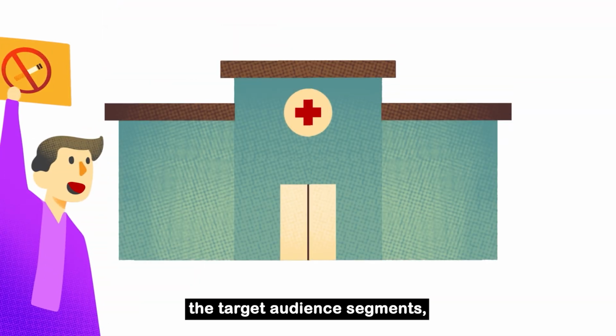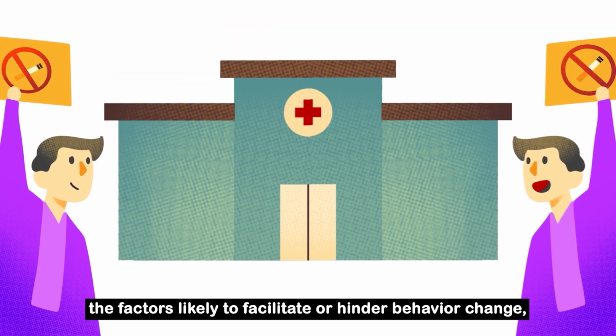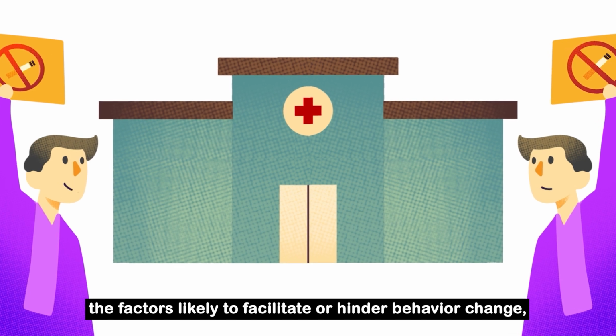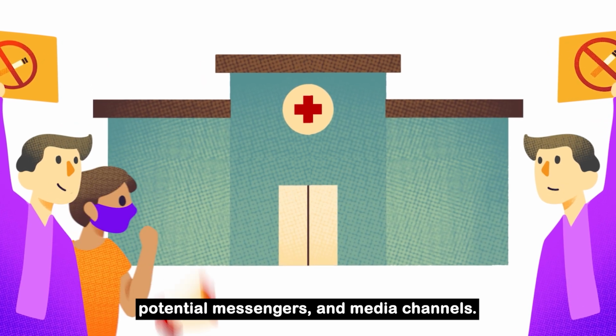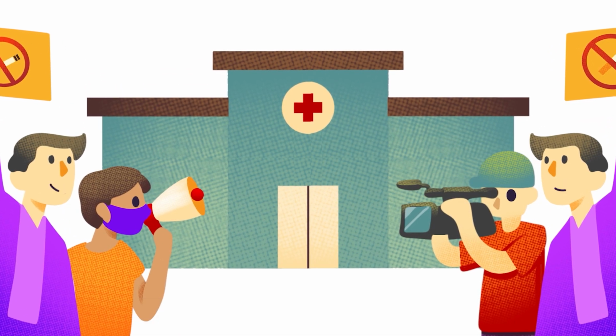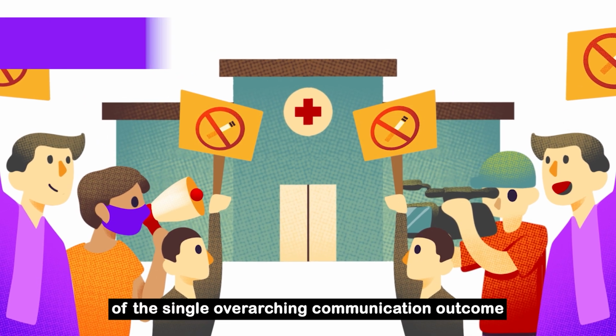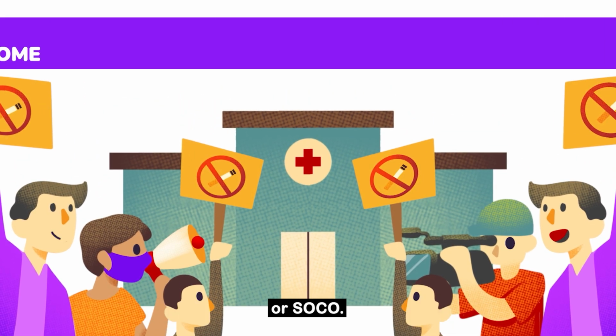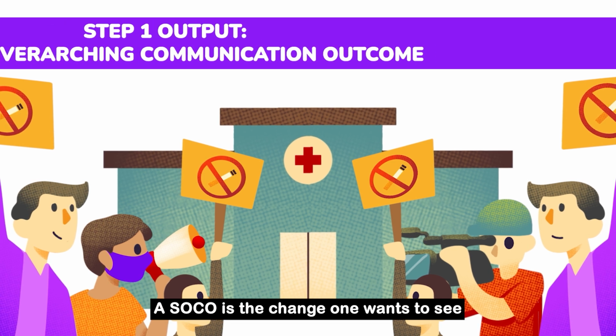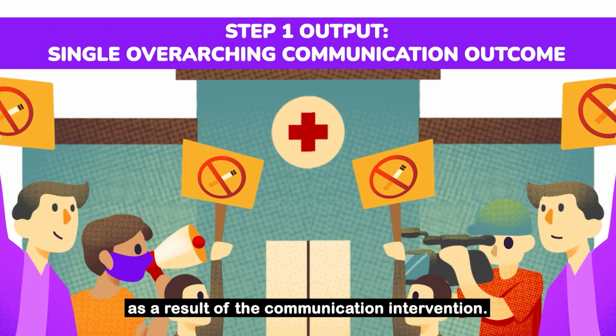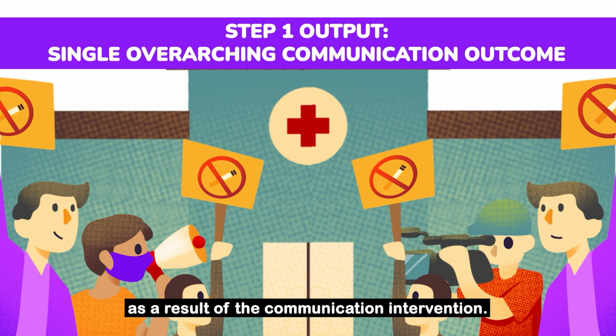This step helps us understand the problem, the target audience segments, the factors likely to facilitate or hinder behavior change, potential messengers, and media channels. The outcome of this step is a clear articulation of the single overarching communication outcome, or SOCO. A SOCO is the change one wants to see as a result of the communication intervention.